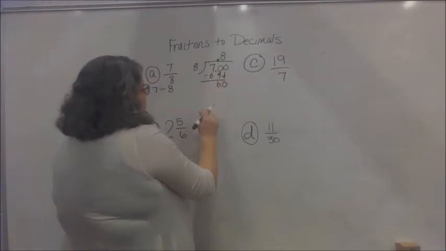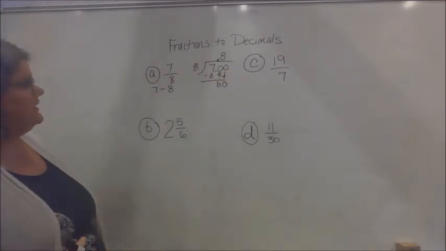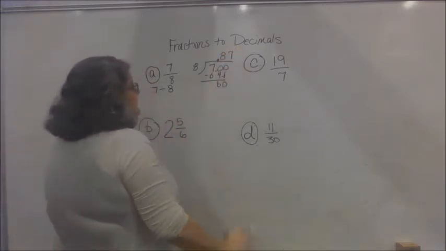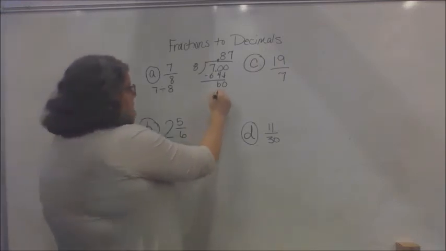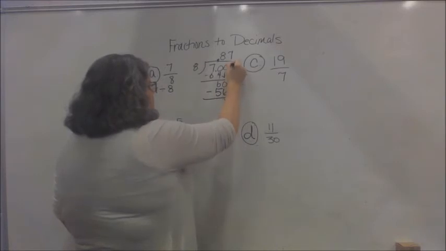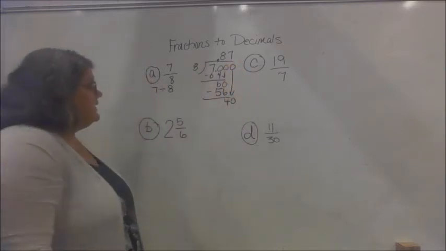I bring down the 0. So clearly this is 60, so it's going to be less than 8 times. So let's say 7 times. So that is 56. I need to add another 0 and bring it down. And how many times does 8 go into 40?